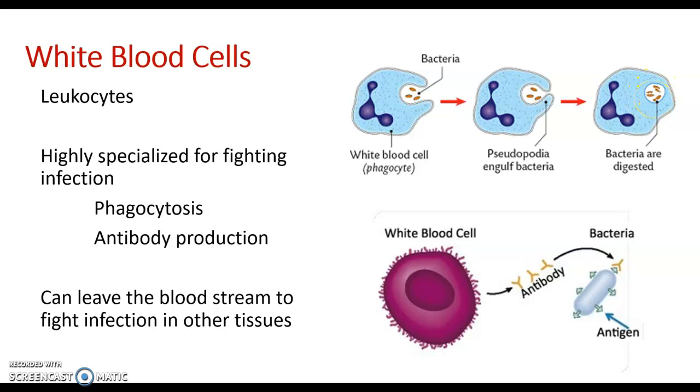cell. Phagocytosis. The kind of wild thing about white blood cells is that they can leave the bloodstream and go to other tissues to fight infection.